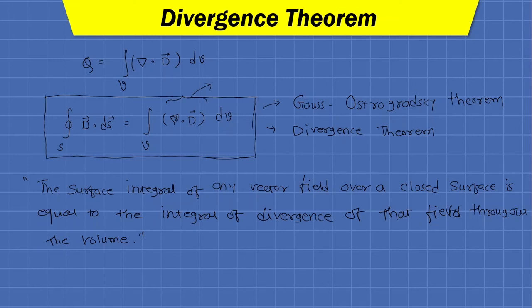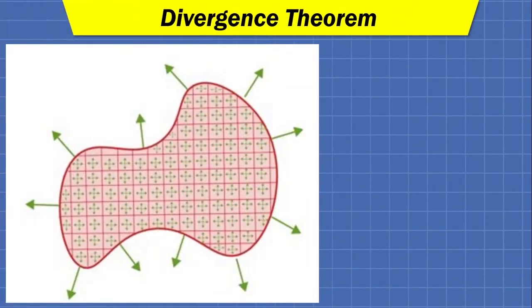Now if we want to prove that this statement and the final form of divergence theorem is true, then we can imagine a case where we have taken an arbitrary volume in three-dimensional space, and we have divided the total volume into subsections called cells. So here each subsection is one cell.